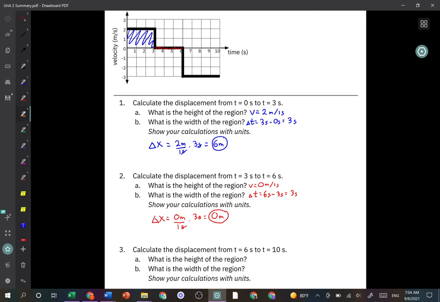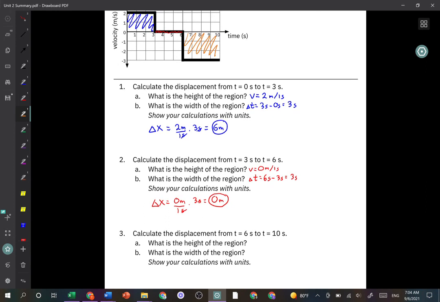And finally, in the last region of the graph, from 6 to 10 seconds, the height of this region, our velocity, is minus 3 meters every second. The width of this region, our change in time, we end up at 10 seconds, we started off at 6 seconds. Our change in time is 4 seconds.